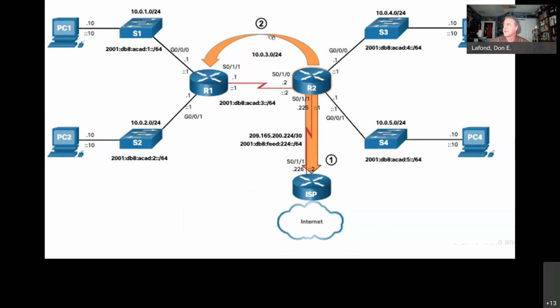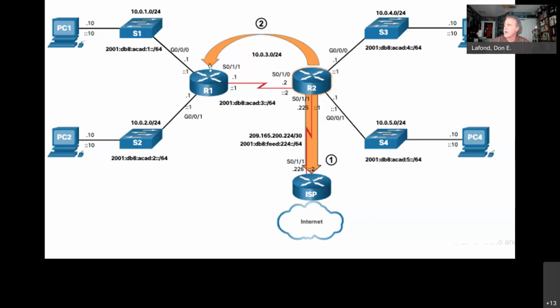R2 is going to have a route to R1. It could be either static, where you've set it up, or it could be dynamically learned through OSPF, EIGRP, or RIP, for example. Now, R1 is going to have a route to R2. R1's route to R2 could be static.